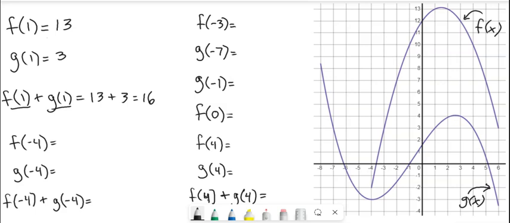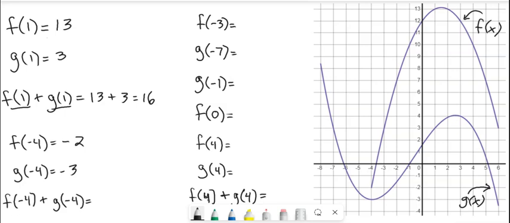So f of negative 4 is negative 2. Now g of negative 4: it's the same input, negative 4, but now we go to the g curve, which is a little further down. If we go over, we can see that that is negative 3. So g of negative 4 is negative 3.